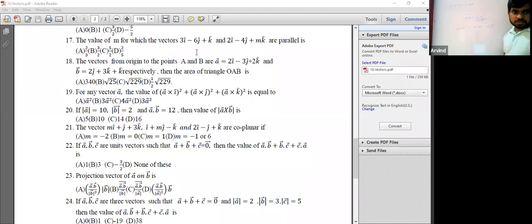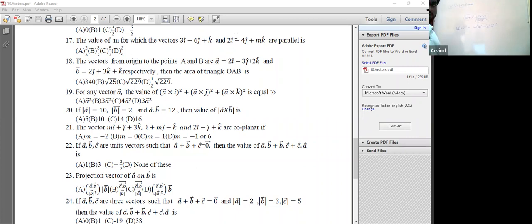So a is 10 square into 2 square. So 100 into 4, 400 minus 12. I guess it is a dot b the whole square. Yeah, now we did it correctly. 12 square is 144. If you subtract it, you get 256. Square root of 256 is 16.